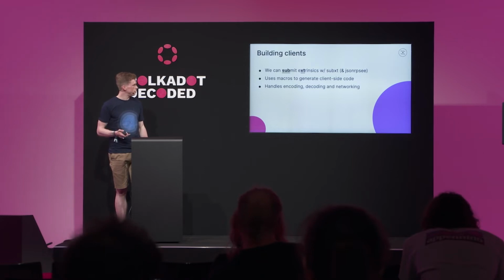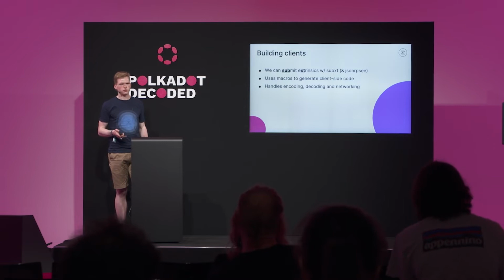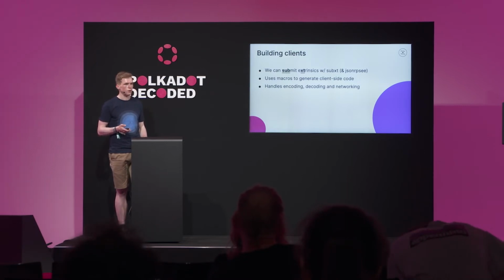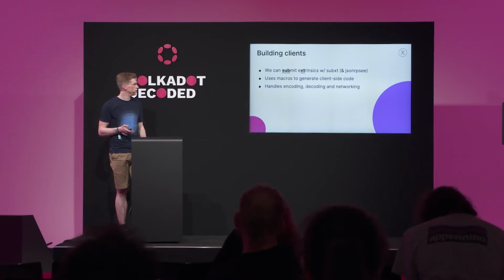So yeah, subxt, this is the toolkit we're going to look into. Like Substrate, it's using macros to generate code, particularly client-side code. So going back to the metadata we downloaded, we know the structure, we also know the types, and we have some cool stuff with self-descriptive types, which enables us to build Rust code purely from metadata.